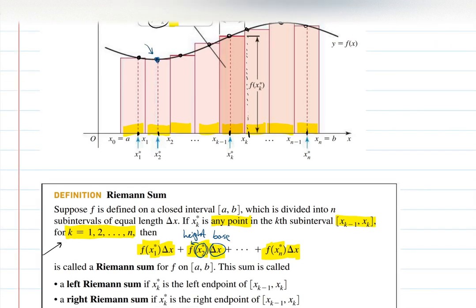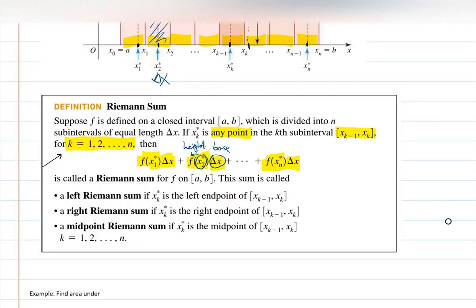Since I have an equation for the function, say y equals x squared, I know the height. Here it is. And that's how I'm going to find the area of each rectangle, delta x times f of x. And what kind of x? Some kind of particular x, the point.